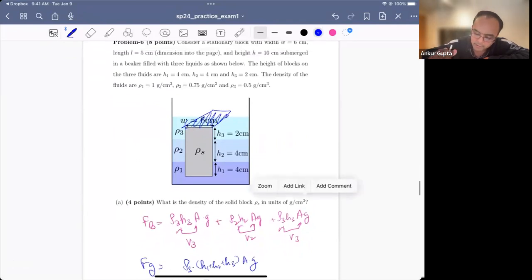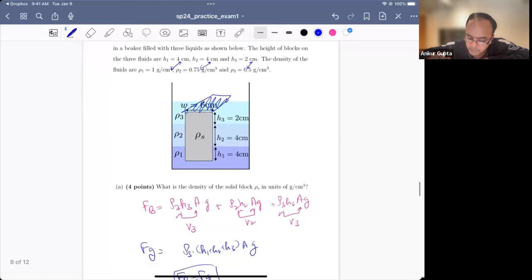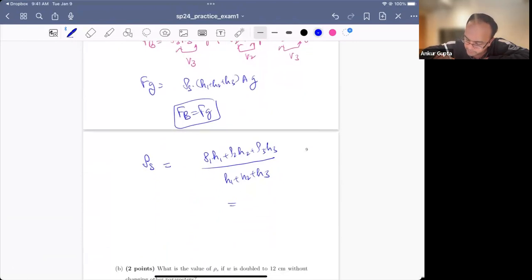If I directly plug it in, rho 1 h1 is 4, rho 2 h2 is 3, and 4 plus 3 plus 1 is 8. This is 8 by 10. This comes out to be 0.8 gram per centimeter cubed.